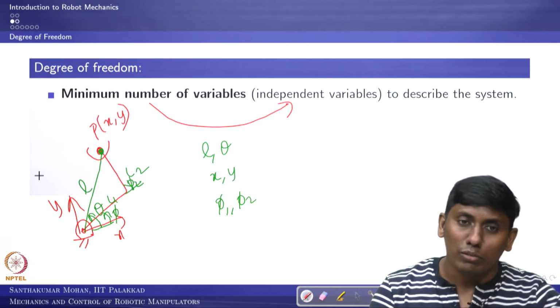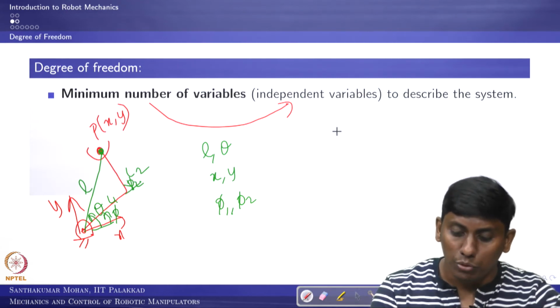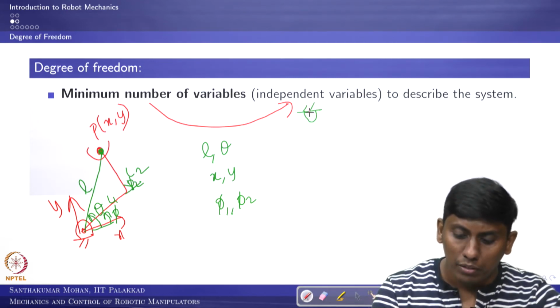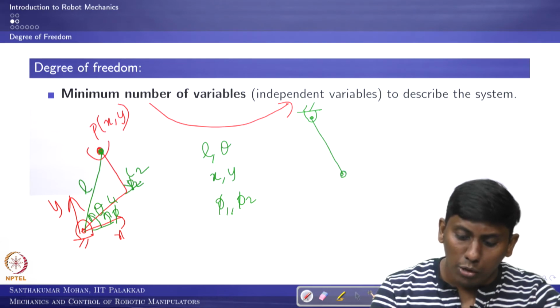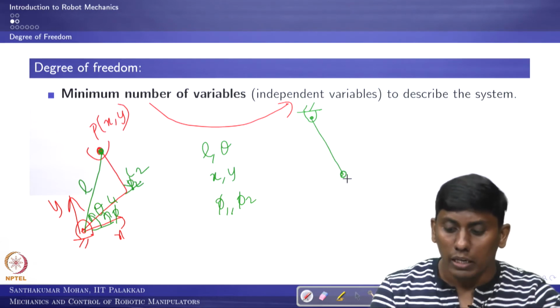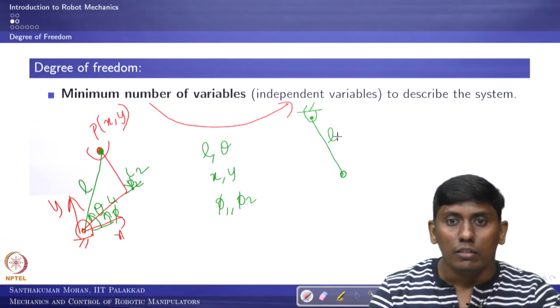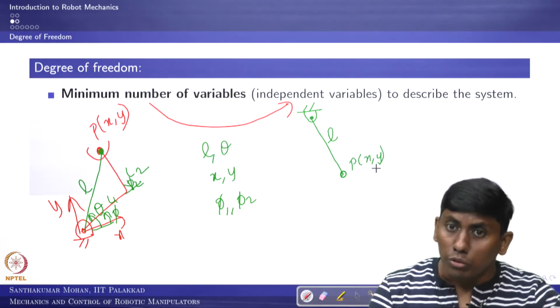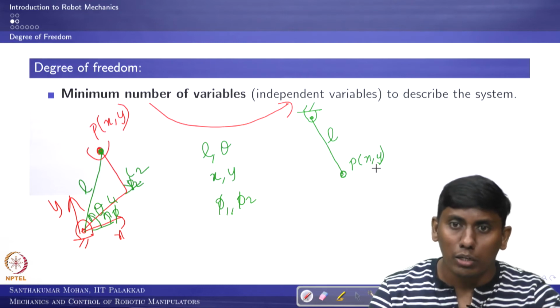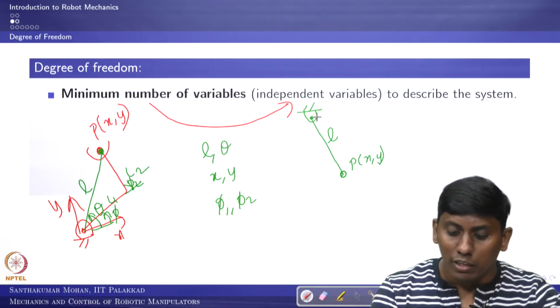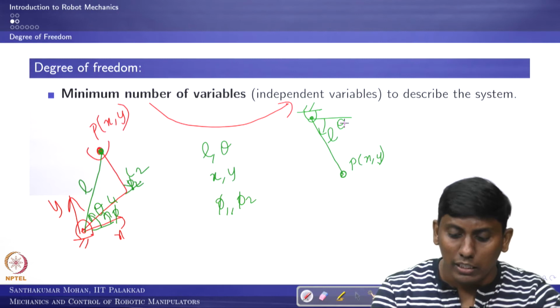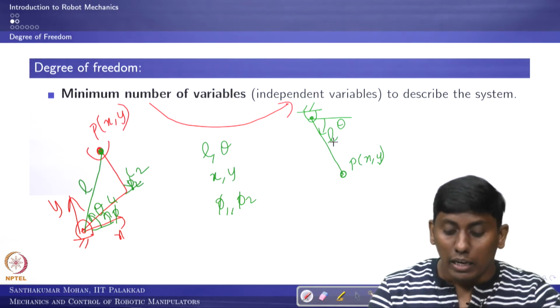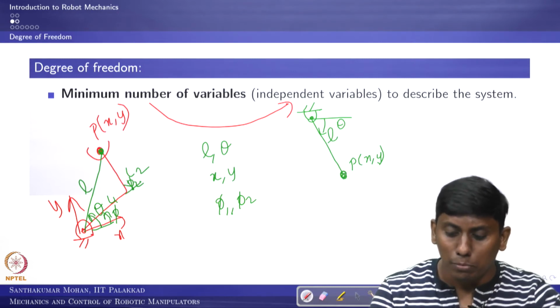Now you can look at it the other way around. You take a simple pendulum. Okay. Now I want to know this position. I give this L. Now you say this is the point P, so x y. Do you think 2 variables are required to define this? No. If I know this angle theta, and I know L is constant, I can easily find this position, right.